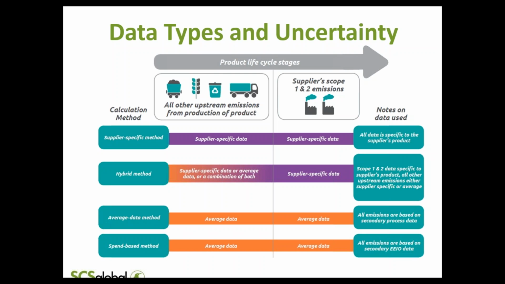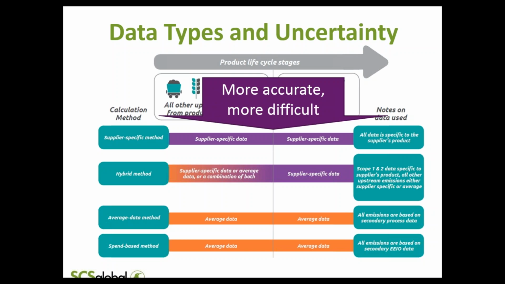But in this slide, I'm just introducing the four tiers of data that you can use to generate Scope 3 results. And a few notes on the accuracy and practicality of each of these. If you look at the supplier-specific method across the entire supplier supply chain even, this is clearly going to be more accurate, but also clearly much more difficult.